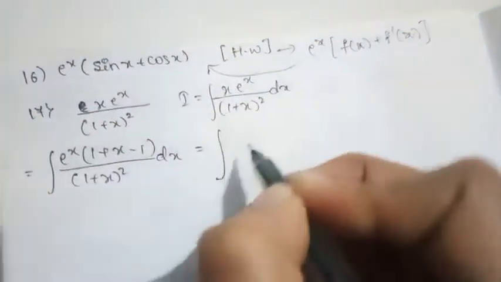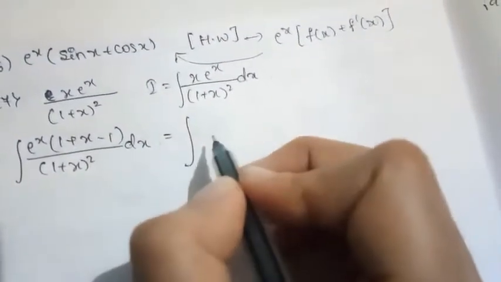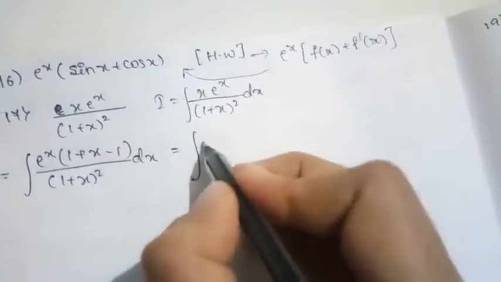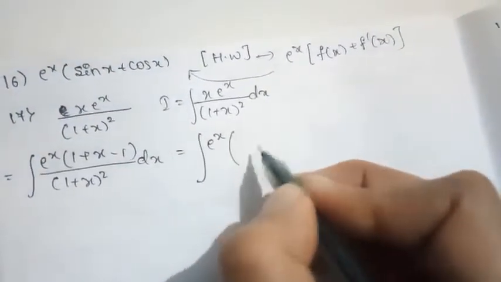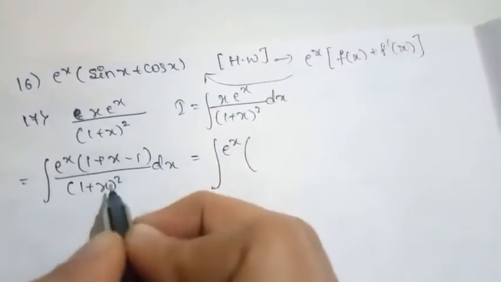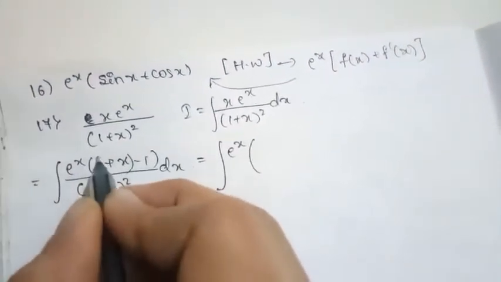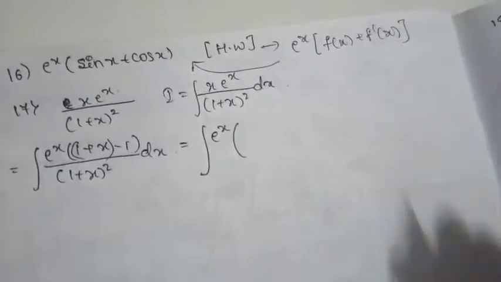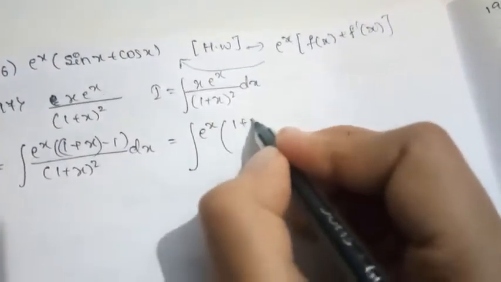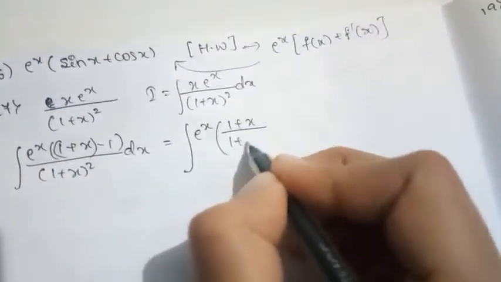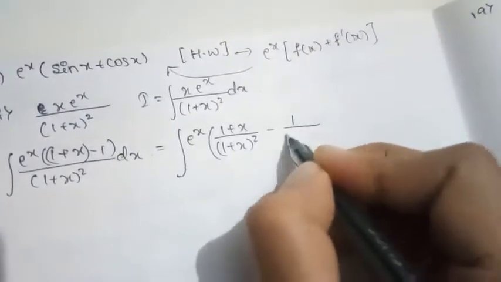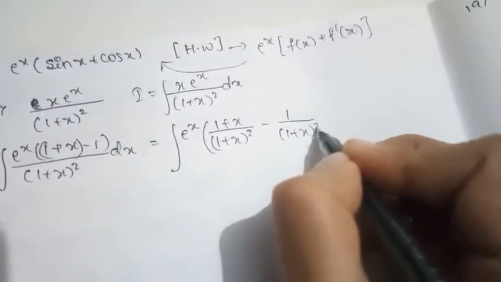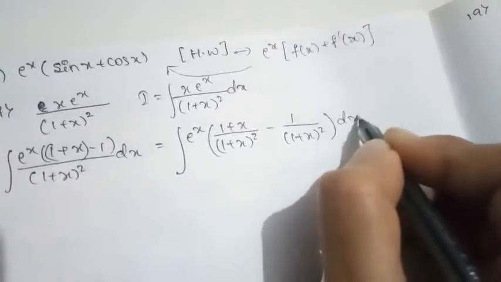Now I am splitting the numerator. So e power x into, how I am splitting is, I am taking this one as one thing and the rest as one thing. So what happens? 1 plus x divided by 1 plus x whole square minus 1 divided by 1 plus x whole square into dx.